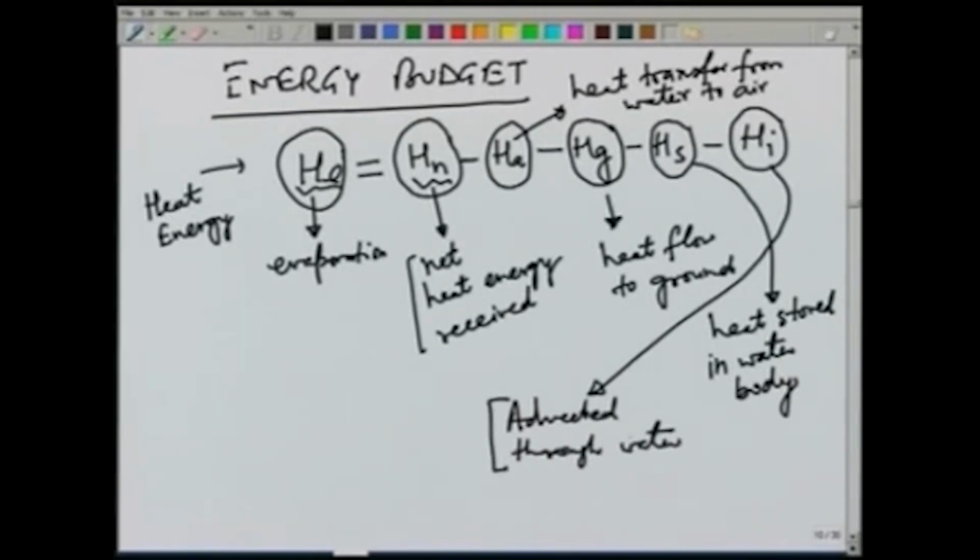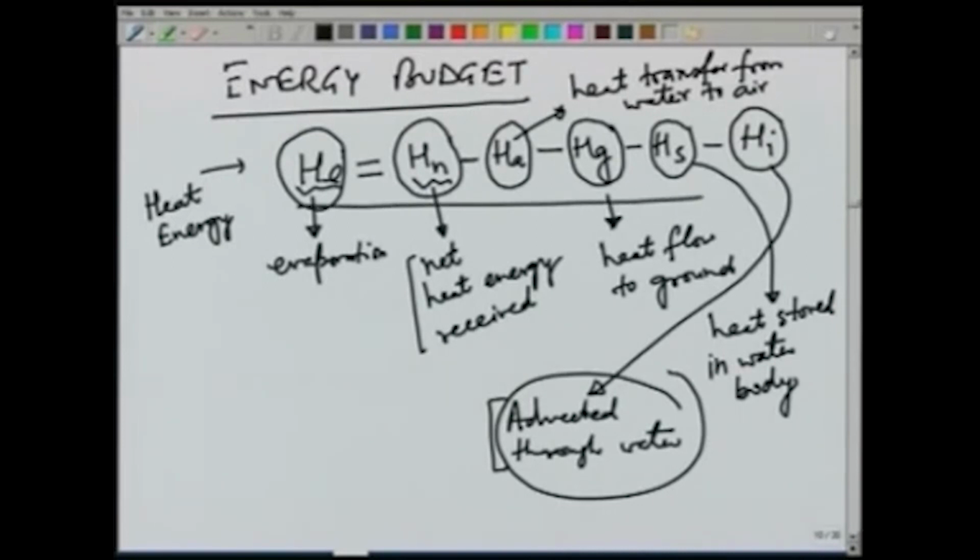So what it means is that there is some water which may be going out of the water body, and that will carry some heat energy. That will be the advected heat energy through water, and it goes out of the water body, and therefore has to be accounted for in the energy budget.